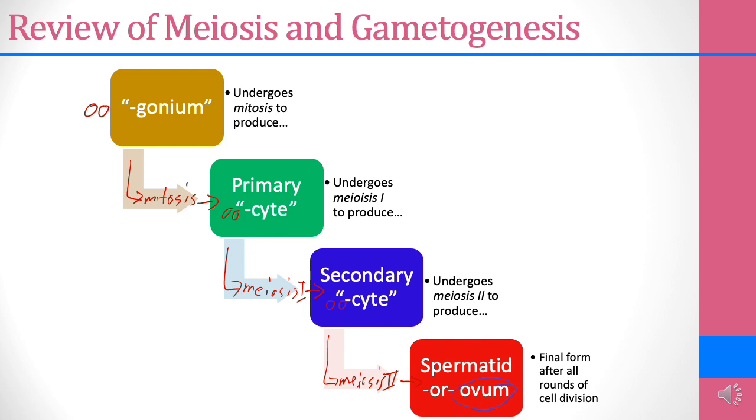an ovum. Now, you may remember that I said that the female contribution to conception is an oocyte, but here I have the last cell being an ovum. What's up with that? The secondary oocyte is actually what is ovulated from the ovary.